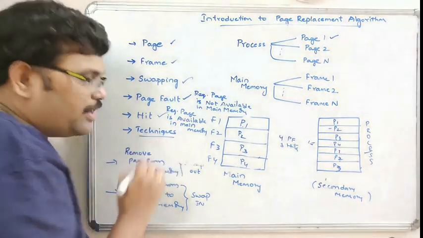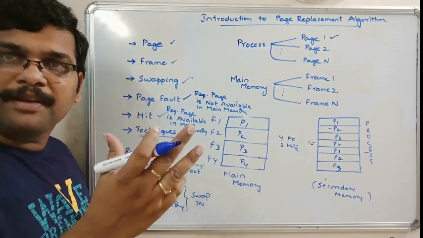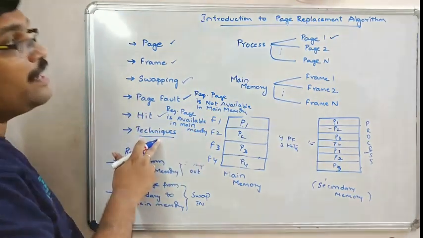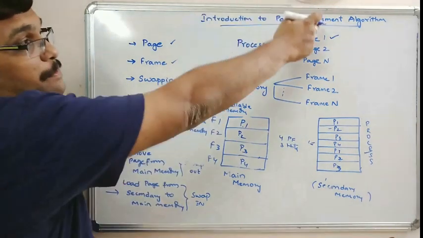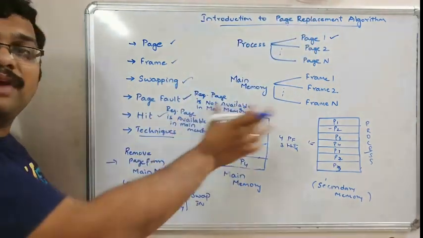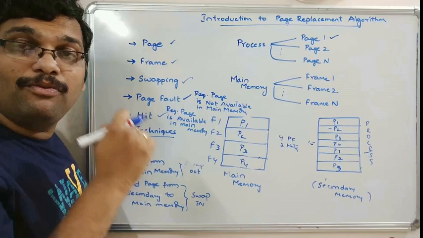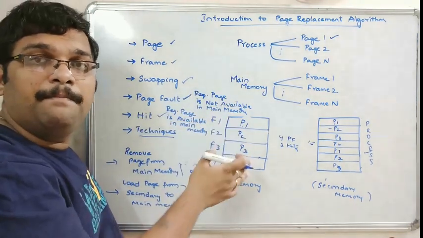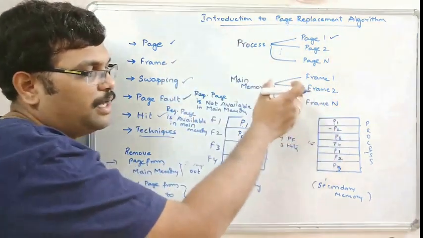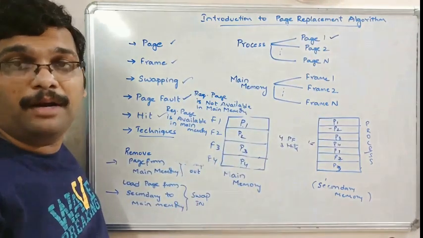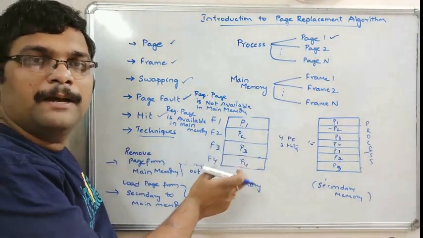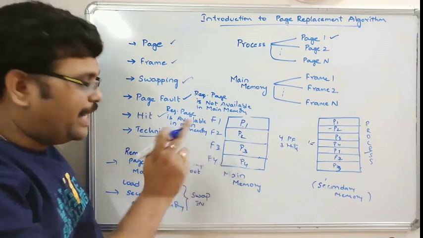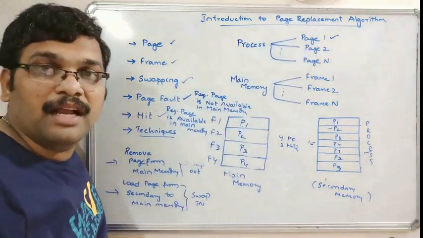That swapping is taken care of by the page replacement algorithms. Based upon the page replacement algorithms, this swapping will be done. They decide which page has to be replaced from the main memory to make room for the required page. The selection of a page to remove from the main memory is what we call page replacement algorithms.